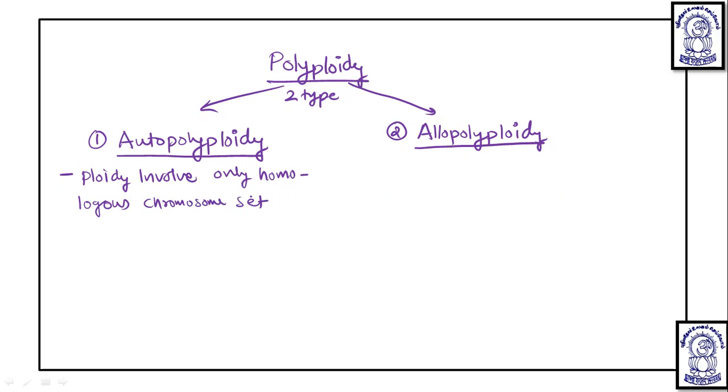Okay, so here what happens, the 3n is going to 6n, or particularly 2n is going to 4n.